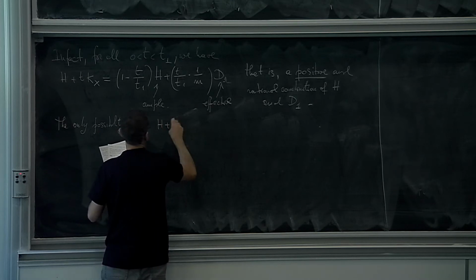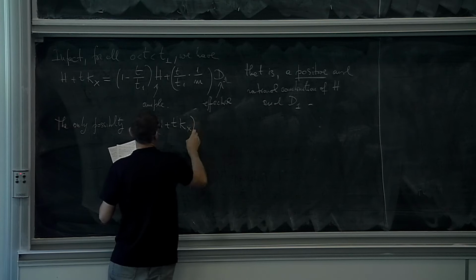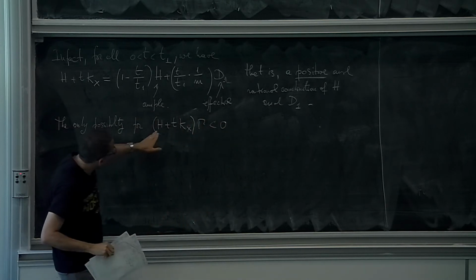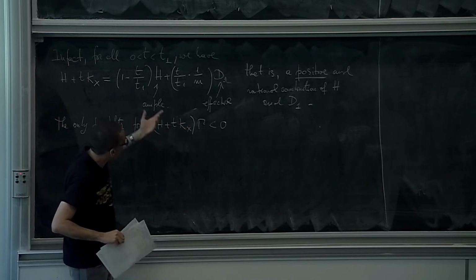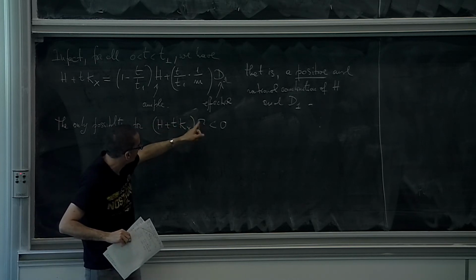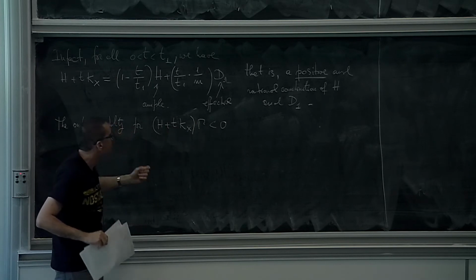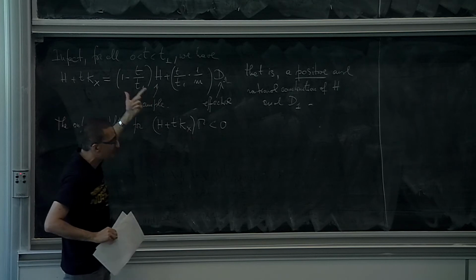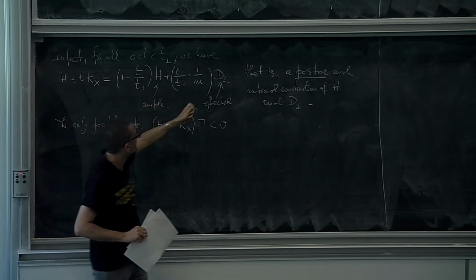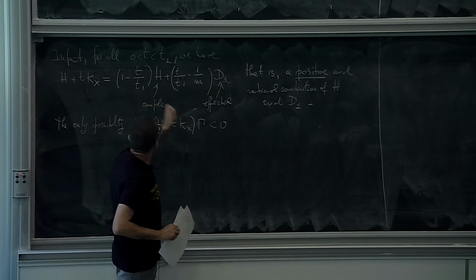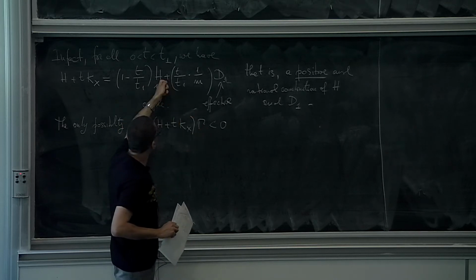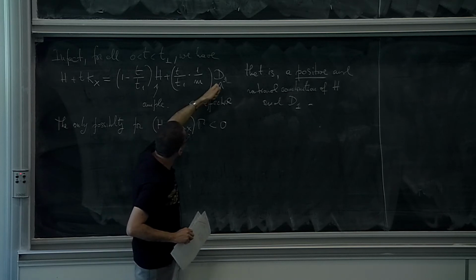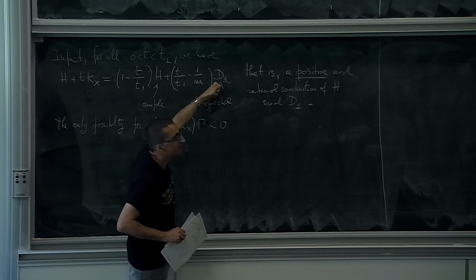(H + tKX)·gamma less than 0, so the only possibility for this divisor not to be nef is that there is a curve here that intersects this negatively. But this divisor is a positive and rational combination of an ample divisor and an effective divisor. So H times this is always strictly positive, by Nakai-Moishezon. So the only possibility is that gamma intersects negatively this one.